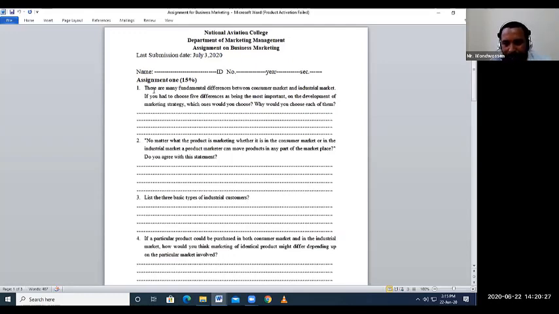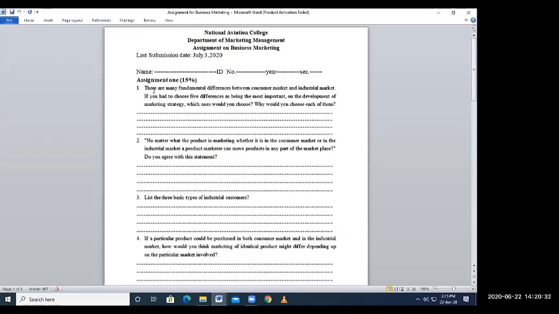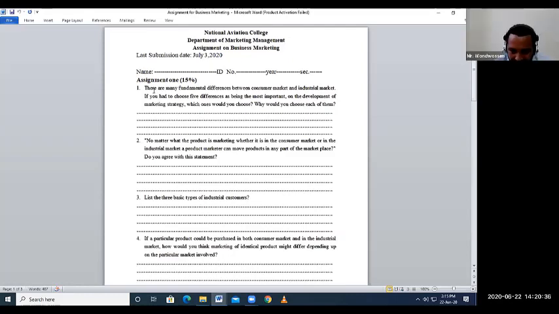When we set a price for an industrial product, we have to consider other factors. What's important in the industrial market is the delivery, the certainty of delivery, the quality of the product, the service after the provision of the product, and technical assistance. This is important apart from the price.